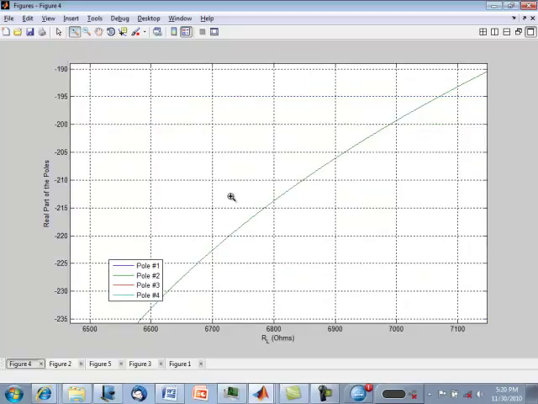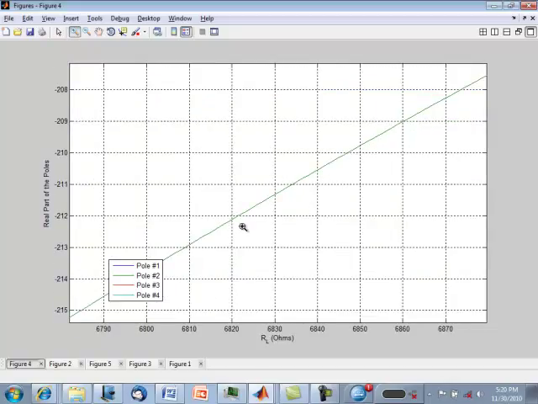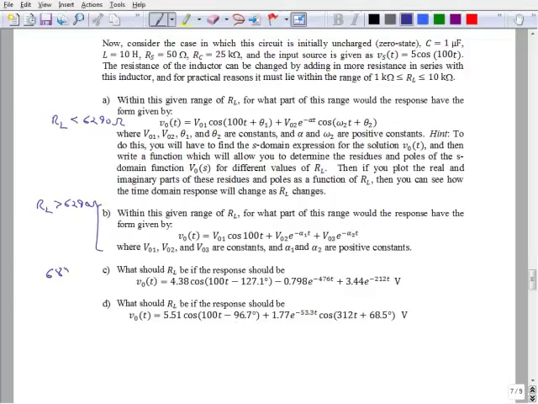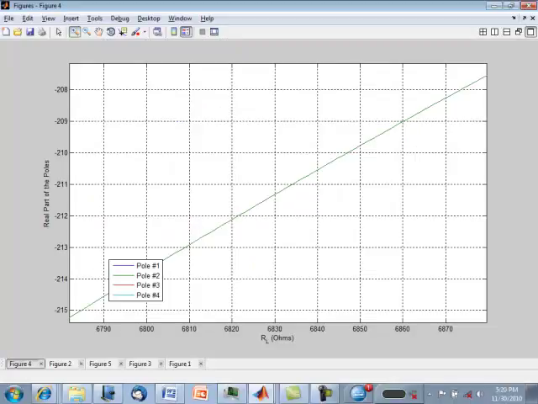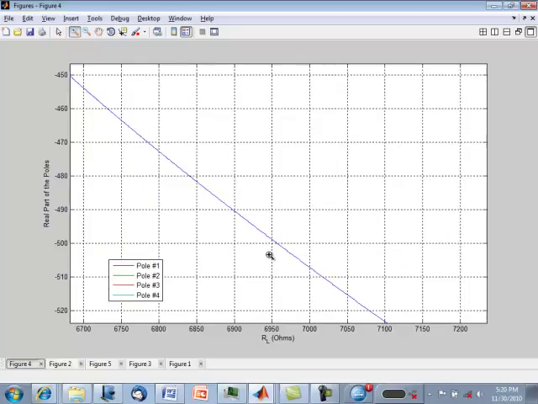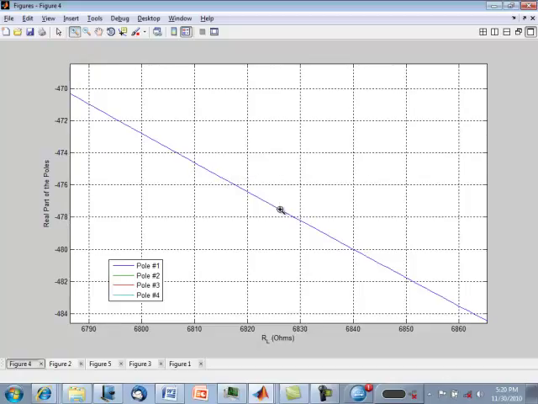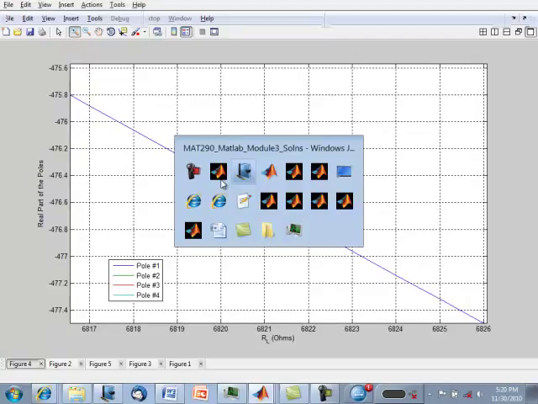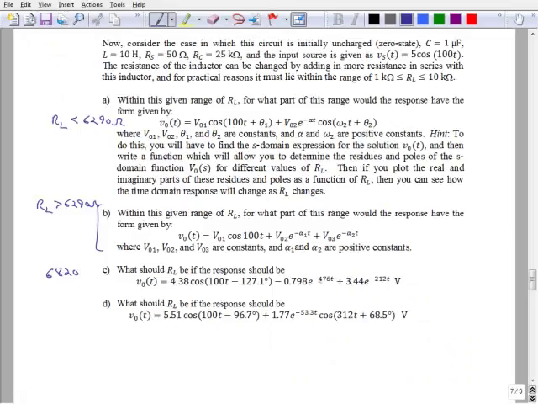The residues can be found by looking at how they change with this RL. We can look at the real part and the imaginary part of the residues, and consider that when the resistance is 6,820, one residue is minus 0.8, and the other residue is about 3.44.